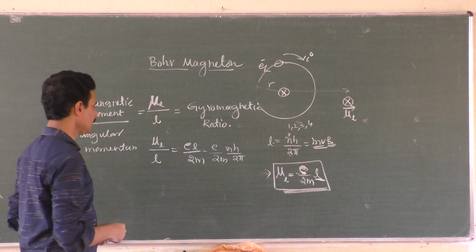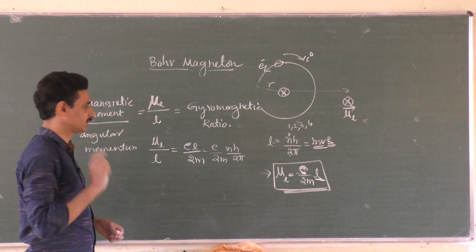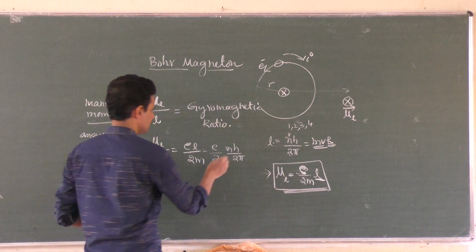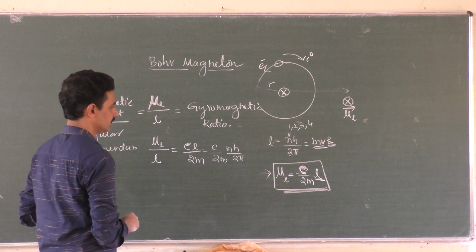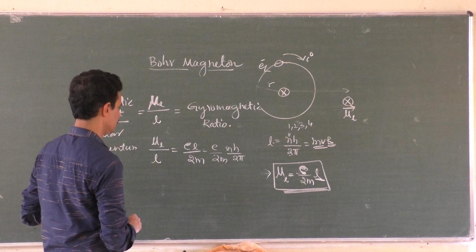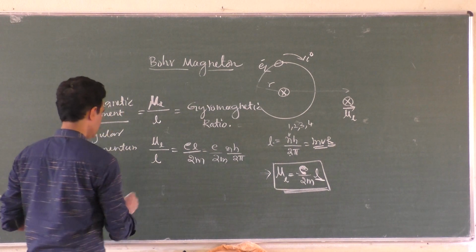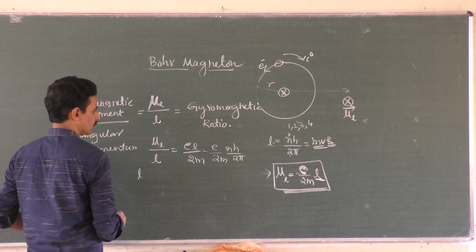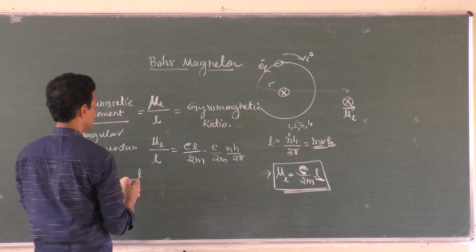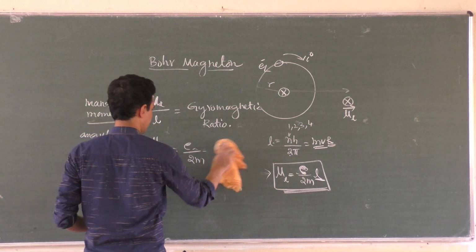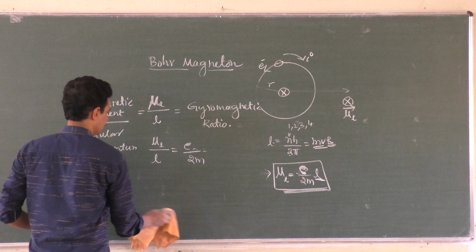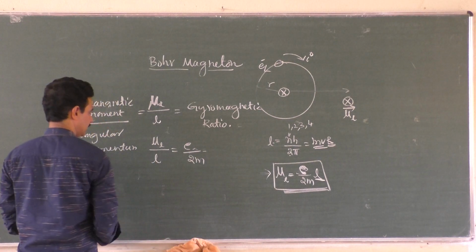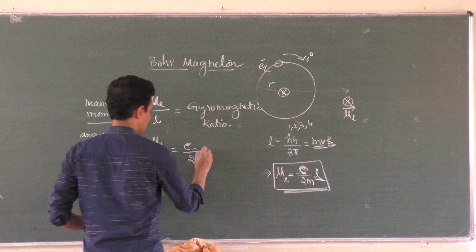If the electron is in the first orbit of hydrogen atom, you can substitute n is equal to 1. So mu L by L, there is no L here, e by 2m only. Mu L by L is equal to e by 2m. So find out this value.